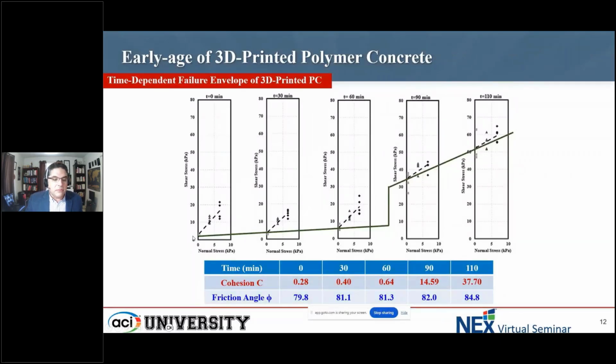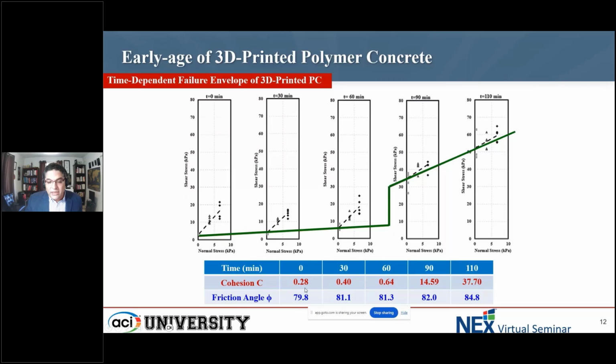As you can see, we are plotting the normal stress versus the shear stress at different times, and we basically draw this envelope. The green line here represents the change in cohesion in the material, and you can see a significant increase in cohesion after 60 minutes. And then, of course, the slope gives the friction angle.